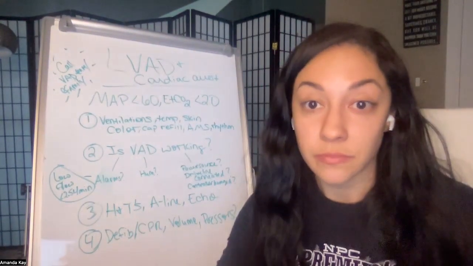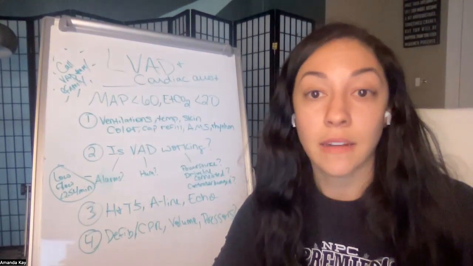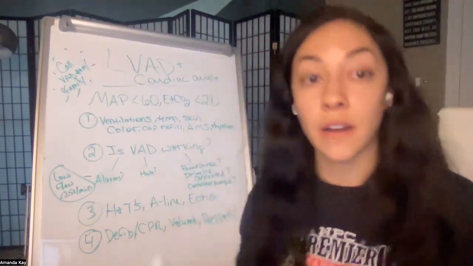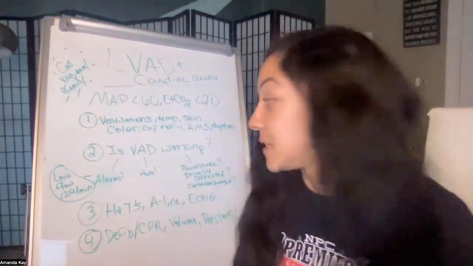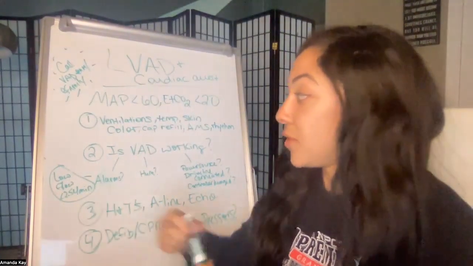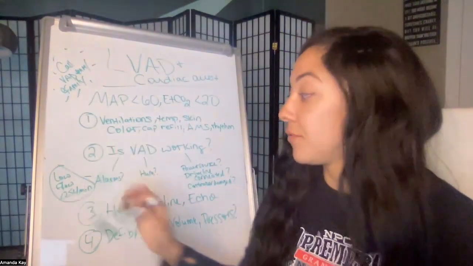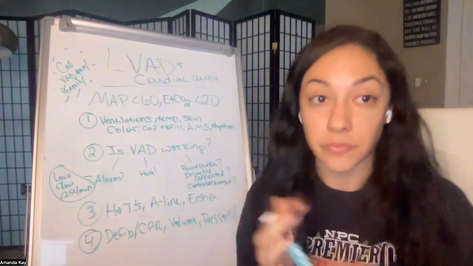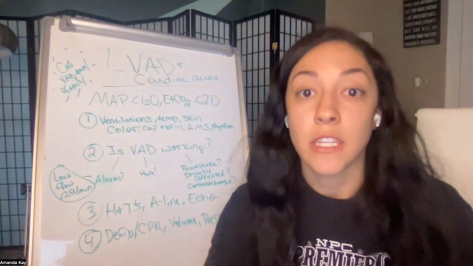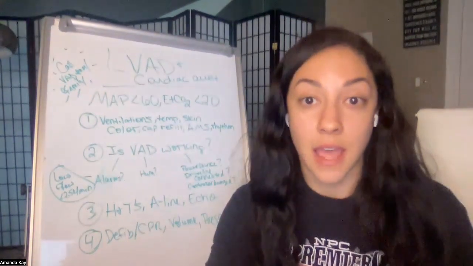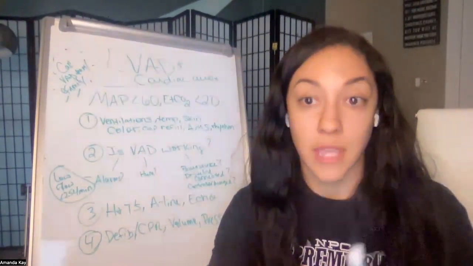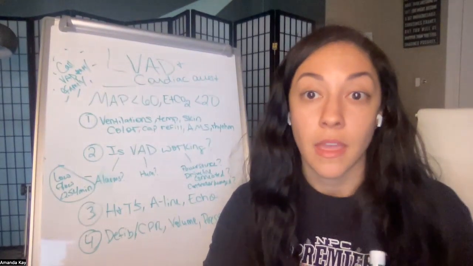Because remember, guys, these patients cannot increase their cardiac output. So when their afterload or their SVR has dropped, maybe they're septic, right? Are they septic? Do they have low flow? We're going to talk about low flow a little bit now. And low flow is anything less than 2.5 liters a minute. So if they're having a low flow, okay, they cannot increase their cardiac output. They can't do it, okay?